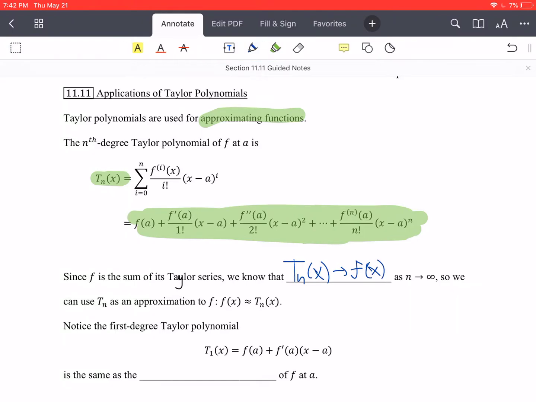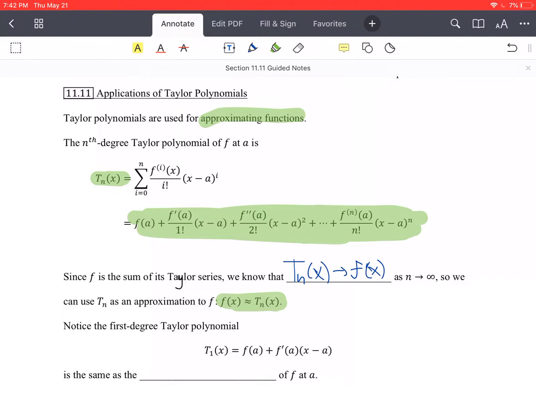Right, the Taylor polynomials, as n increases, get closer and closer to the actual function value. We saw that with e to the x earlier. So we can use the nth Taylor polynomial as an approximation to f. So f of x is approximately equal to the nth degree Taylor polynomial.